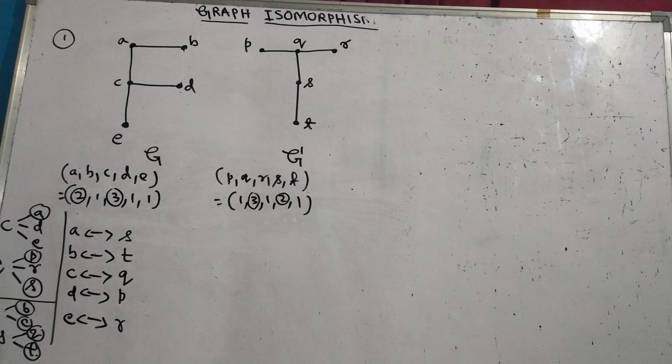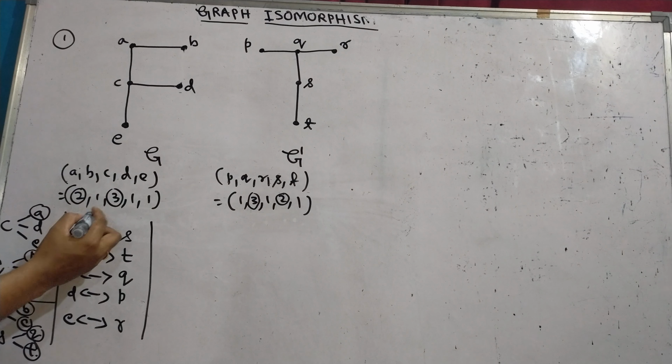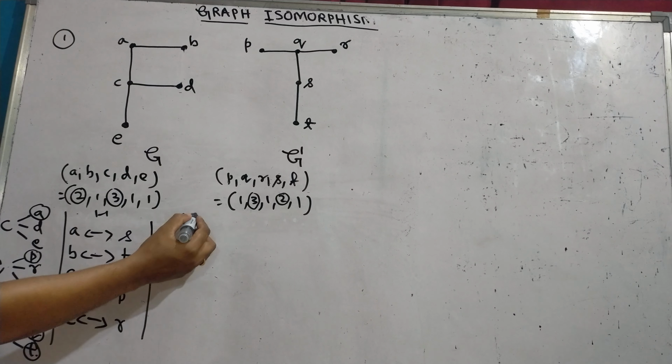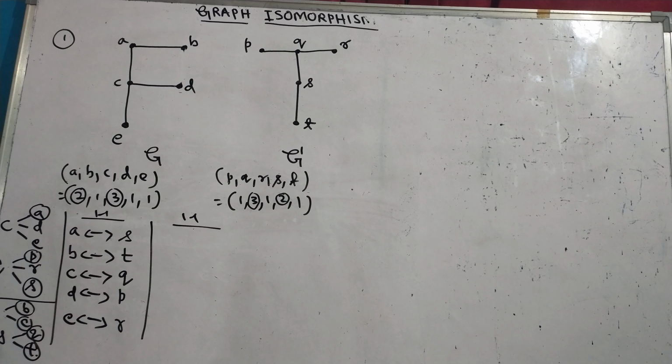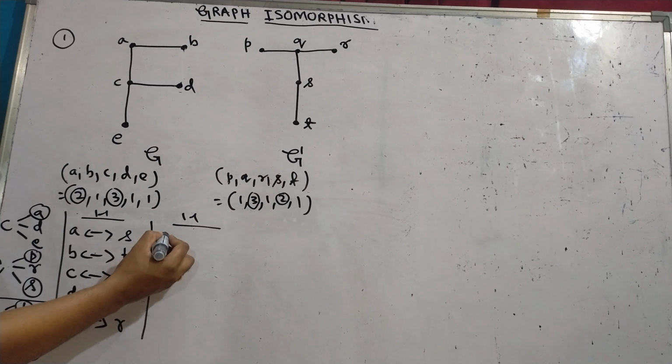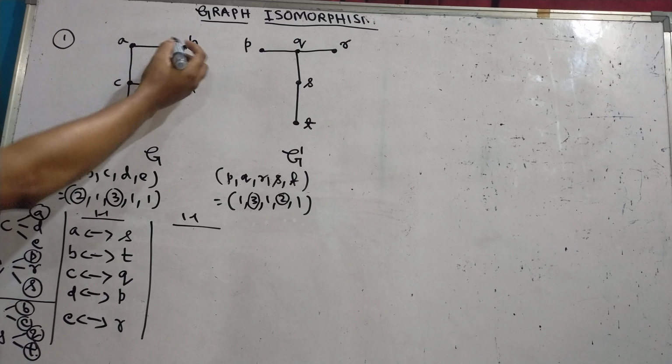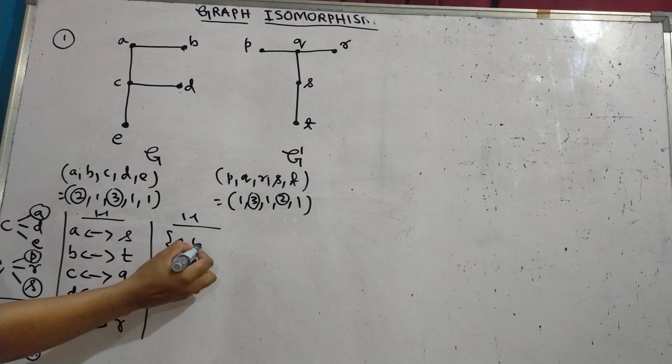So this is the one-one correspondence between the vertices. Now let us check the correspondence between the edges, because the edge preserving property must also hold. Only then can we say that these two graphs are isomorphic. Let me consider the edge AB.